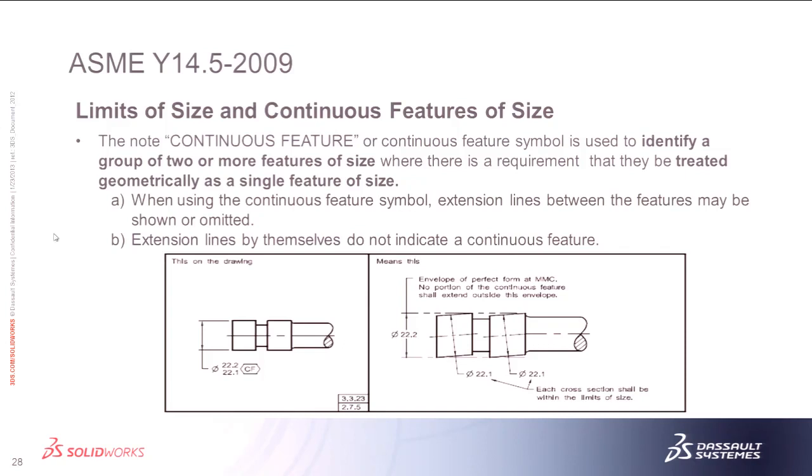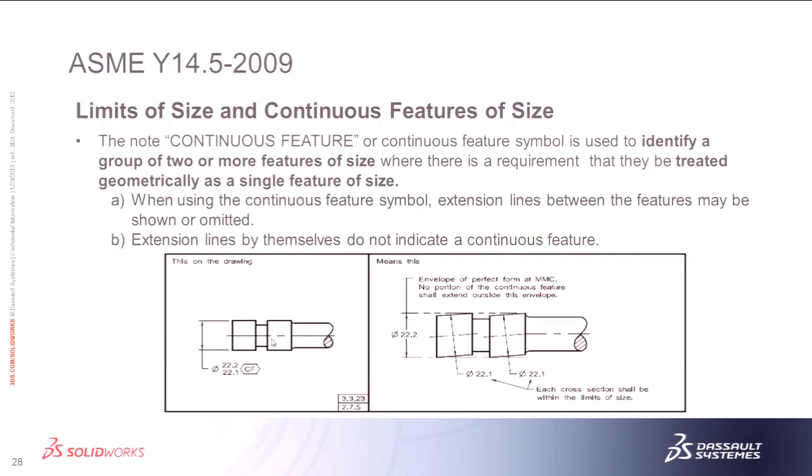So when using the continuous feature, your extension lines between the features may be shown or omitted, so you don't have to show the center line extending all the way when you use that continuous feature symbol. But on the flip side of that, a single extension line running through both of the features or all of the features doesn't mean that it's a continuous feature.